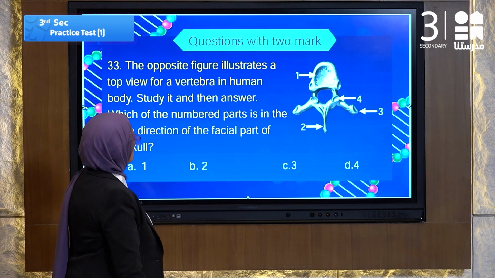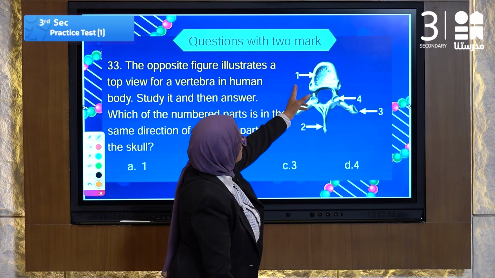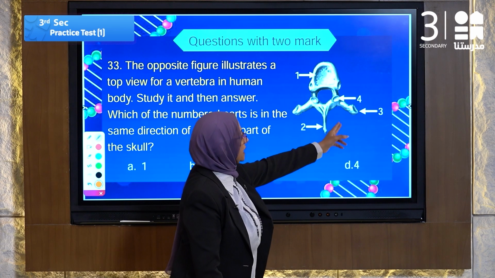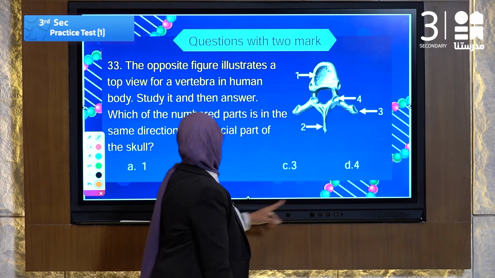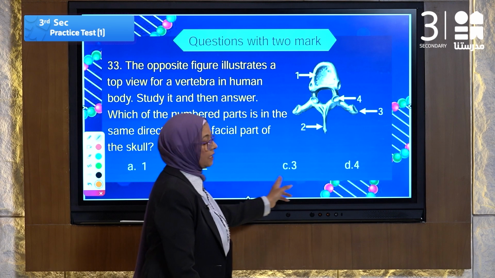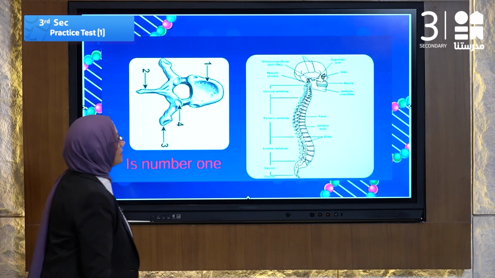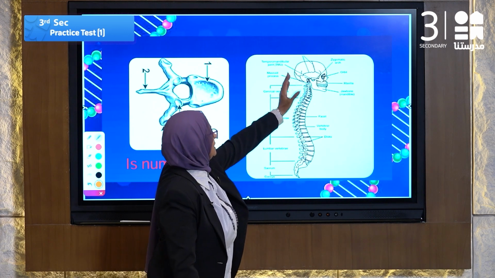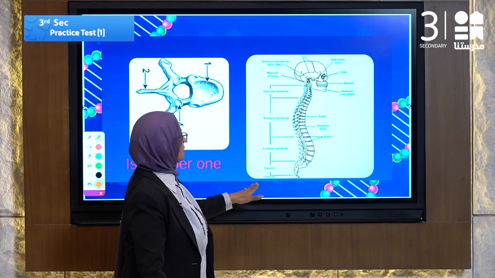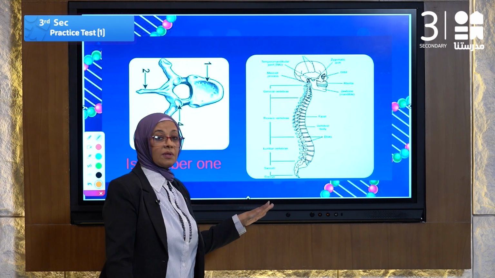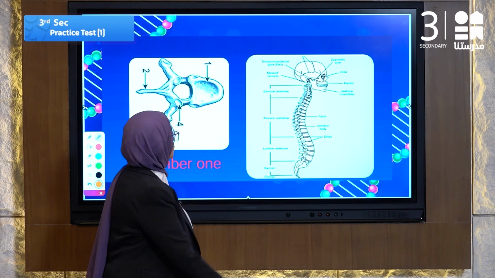Let's go. Number 1, 2, 3, or 4. Wow, that's the skull, and this is the vertebral column. The vertebral column or the backbone has 2 sides.